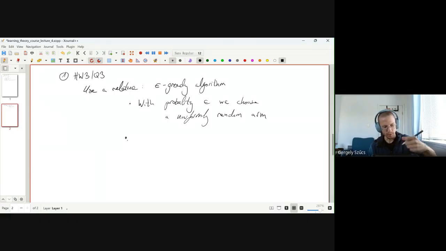So each turn we flip a coin, with probability epsilon. If the coin comes out heads, then we choose a uniform arm, I guess flipping a second coin to choose an arm.